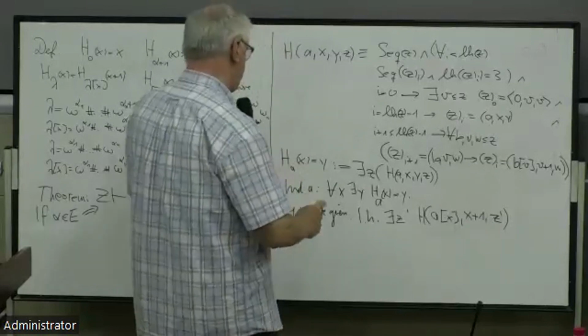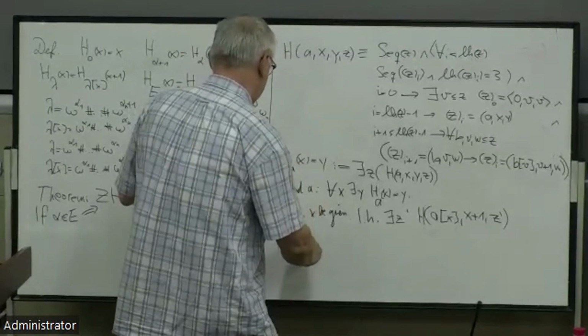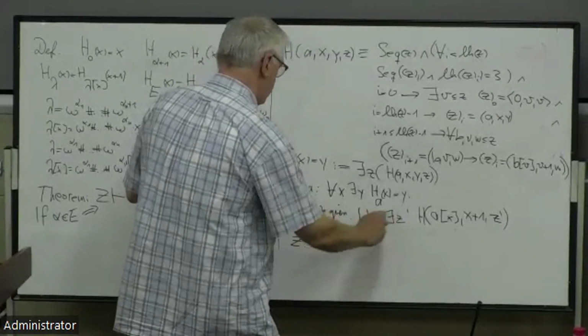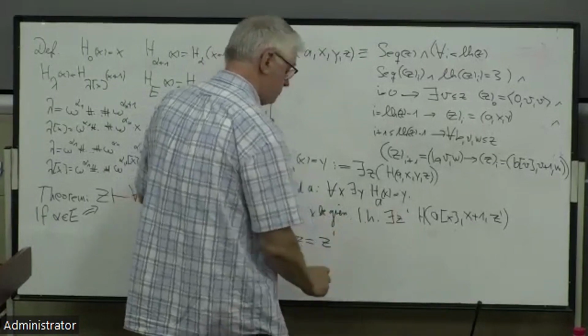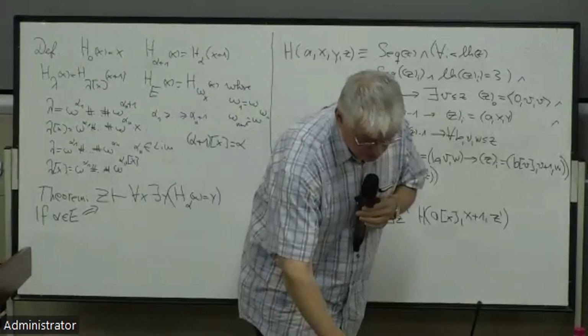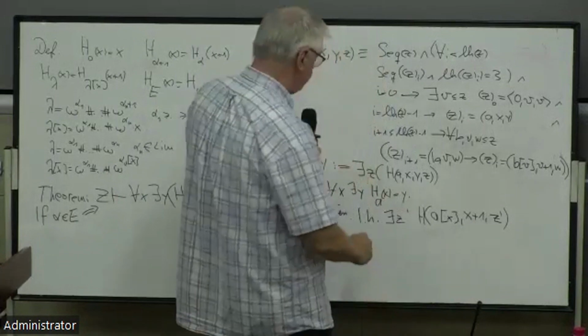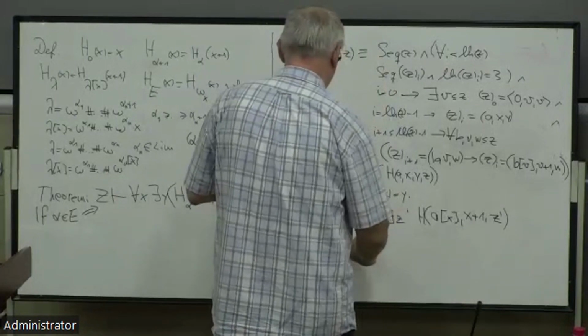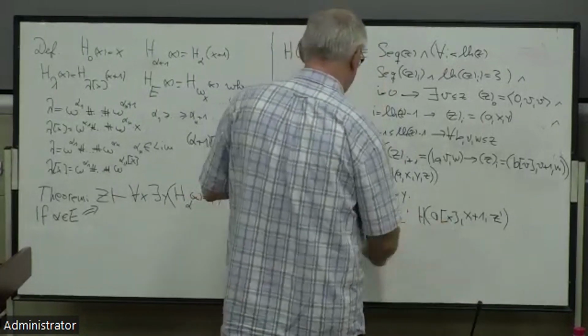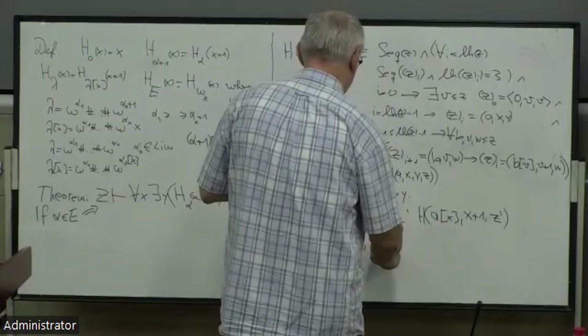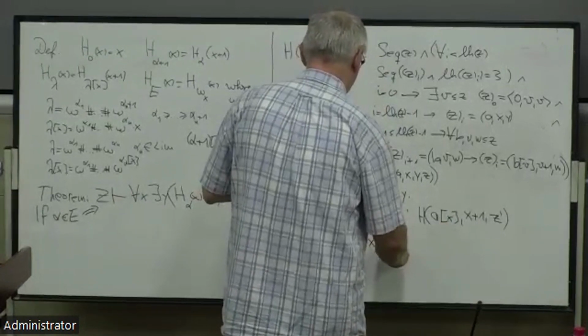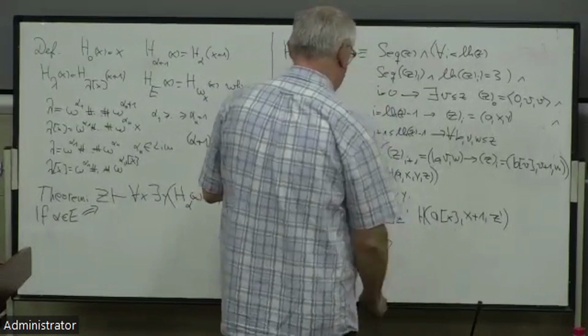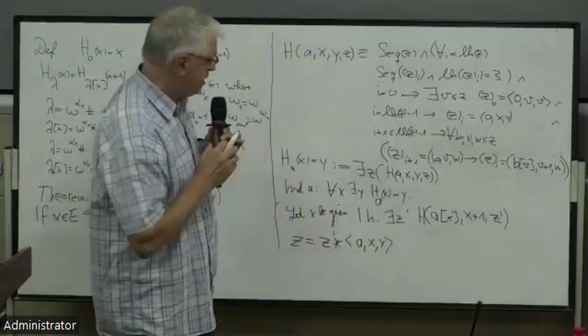Now I have to define what the new z is. Z will be z prime extended by the elements a, x, and y. So the calculation tree has now been extended.